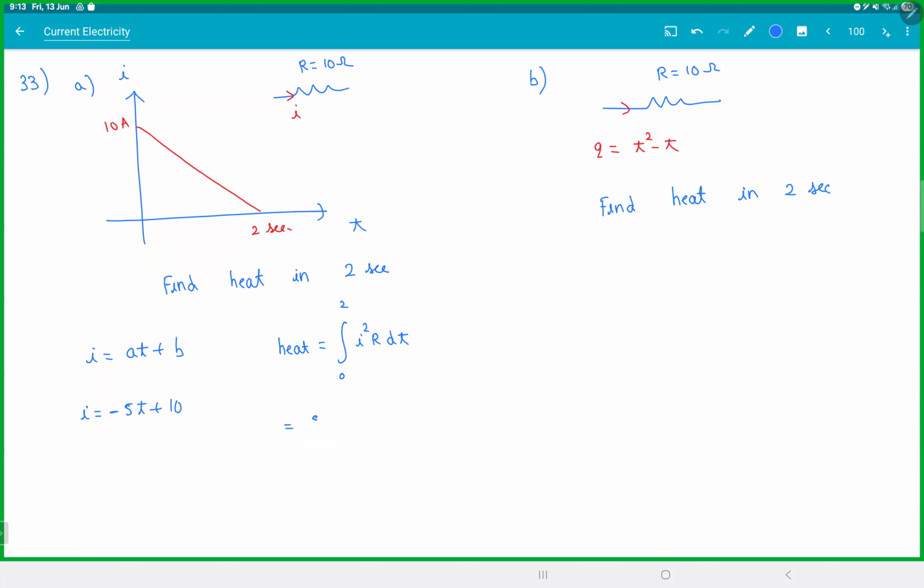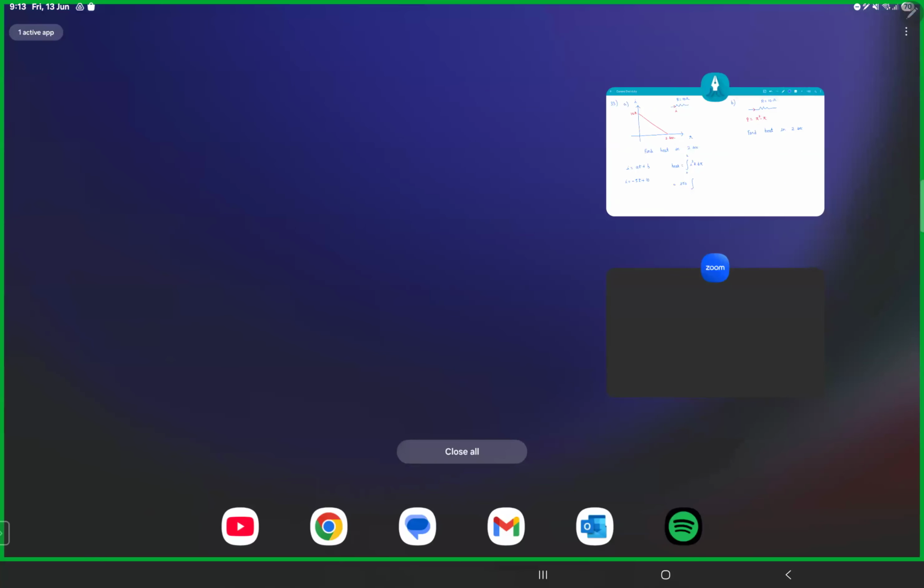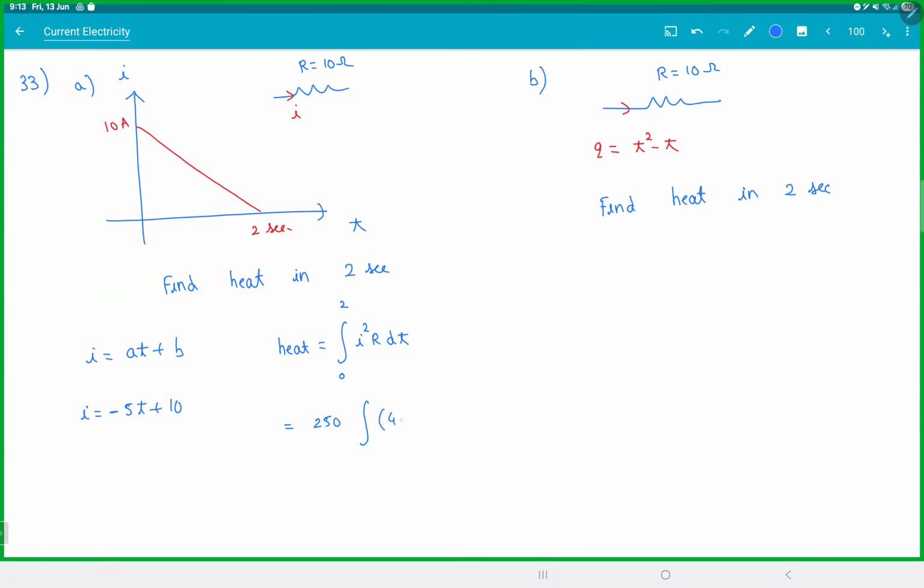R is 10, so 250 will come out, and then you will have 2 minus t whole square, that is 4 minus 4t plus t square dt, integrated from 0 to 2. That turns out to be 400 by 3 joules, I guess.